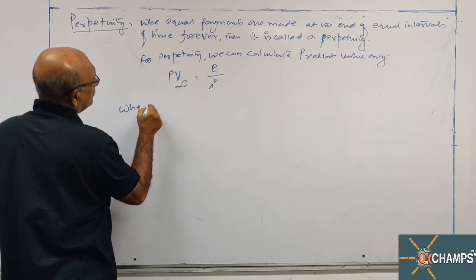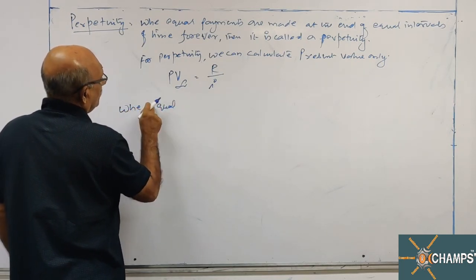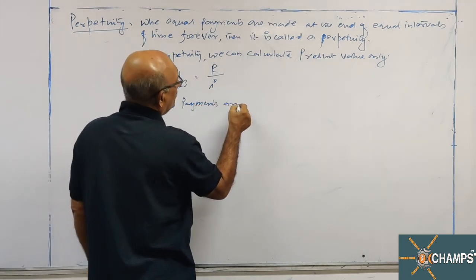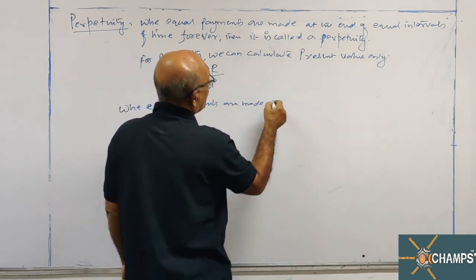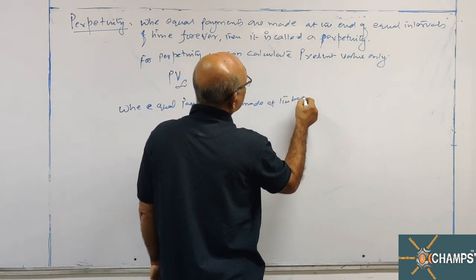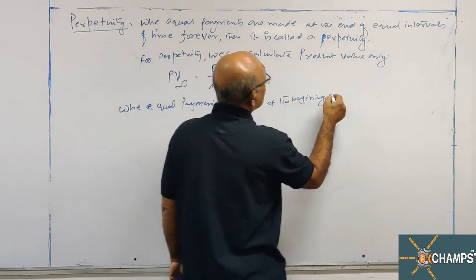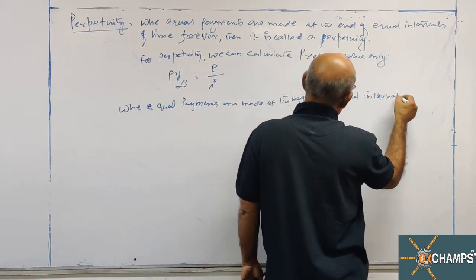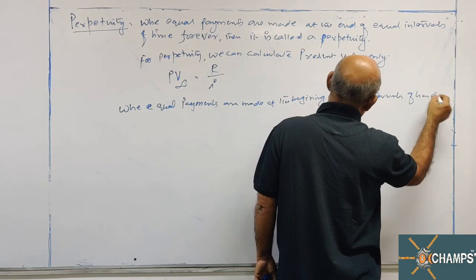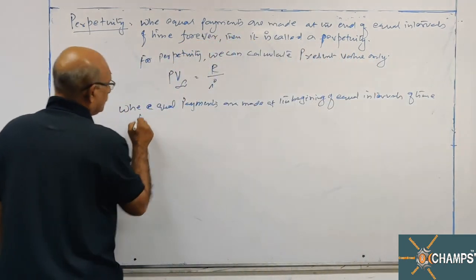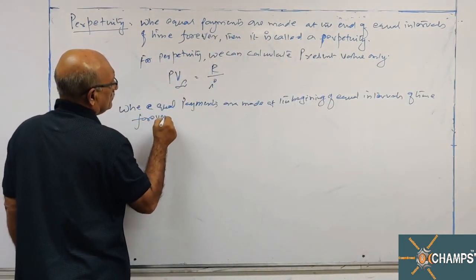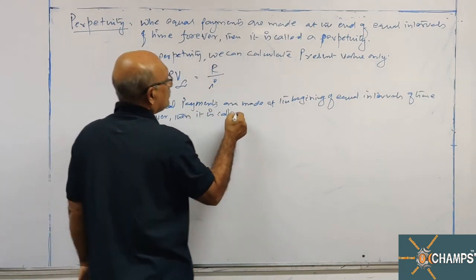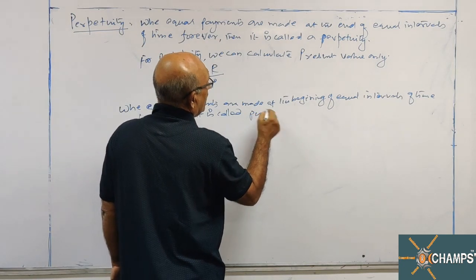Next, when equal payments are made at the beginning of equal intervals of time forever, then it is called perpetuity due.